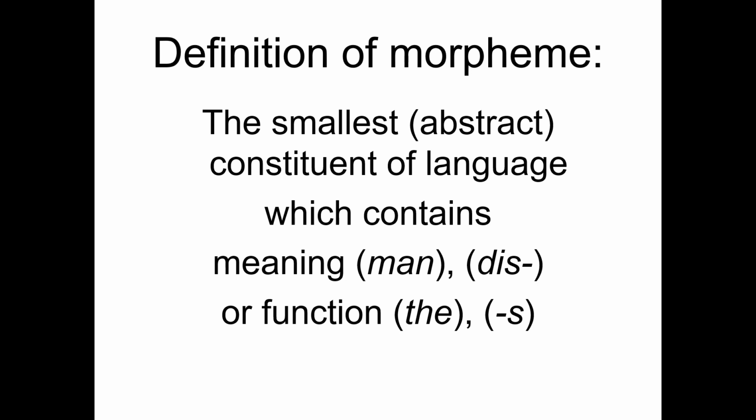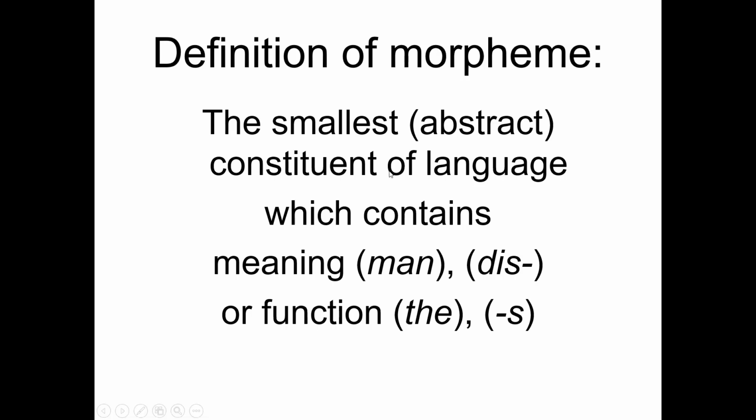On the other hand, a morpheme is the smallest constituent of language which contains meaning, man, or contains function, like the. So you make the reference definite. That's the function, making your reference definite. Or plural s, so the function would be to change singular noun into plural.